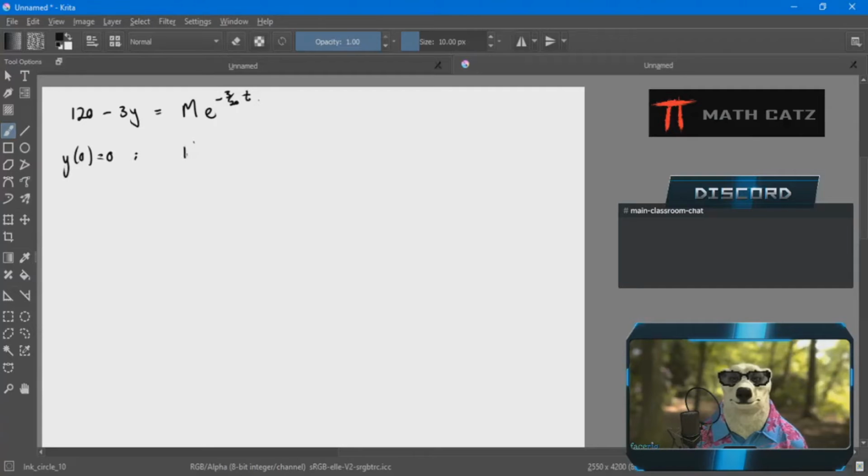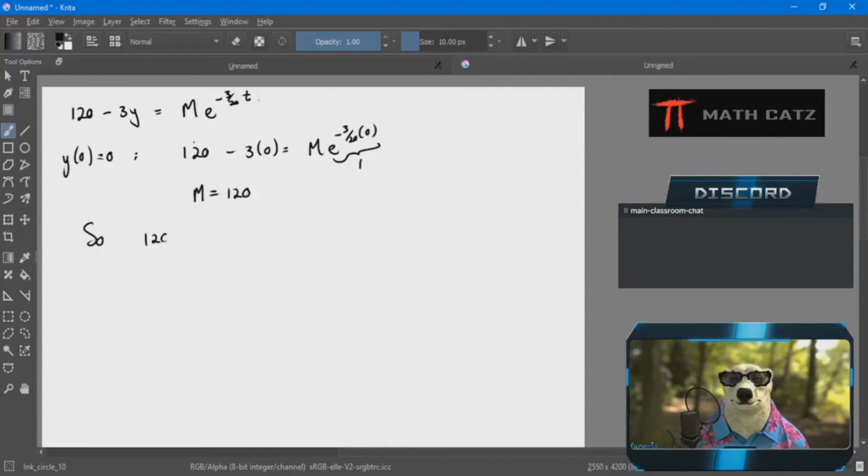So if I plug in 0 for y, I get 0 for t as well, making that exponential portion 1. This is 0. So m is 120 in this case.